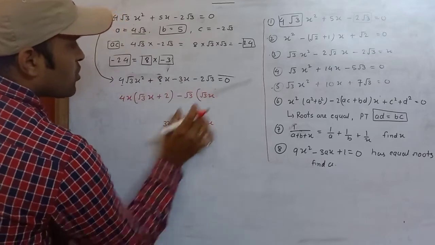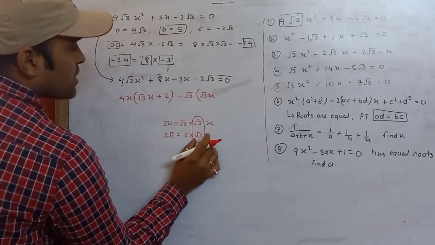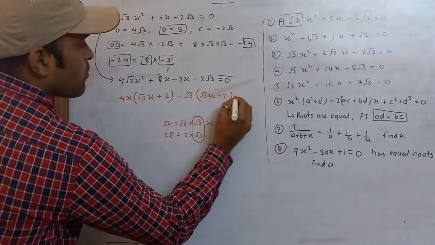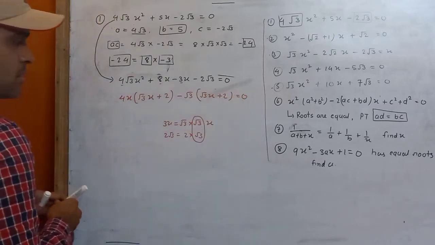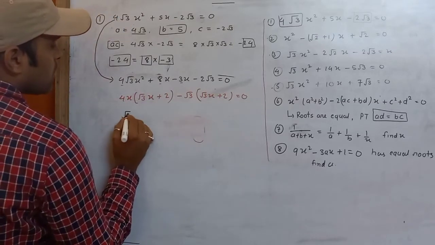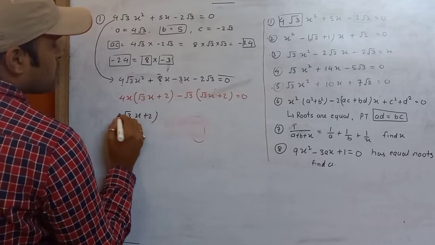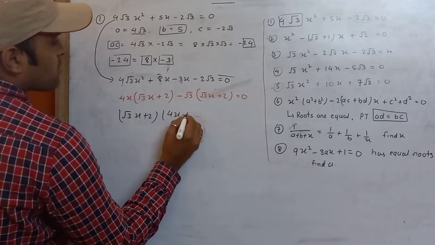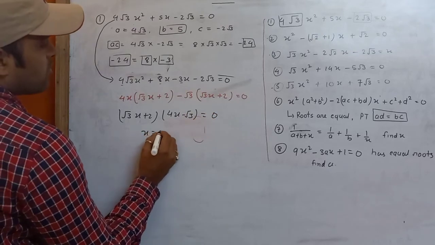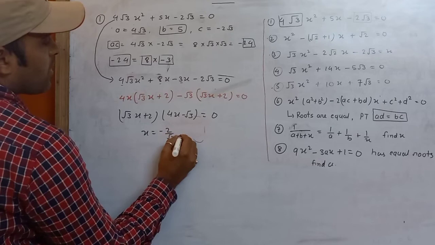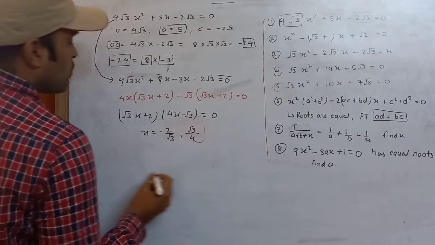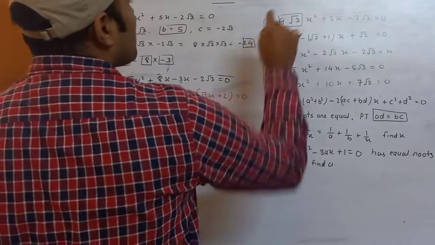Now from 2 root 3, what will remain? Root 3 is taken common, so here will be plus 2. So the solution will be root 3x plus 2 and 4x minus root 3 is equal to 0. X will be minus 2 by root 3 and the other value will be root 3 by 4. This is the solution for the first question.